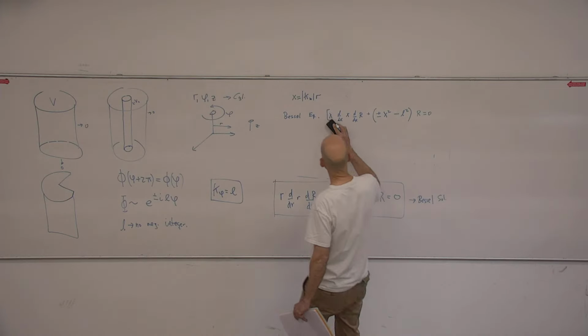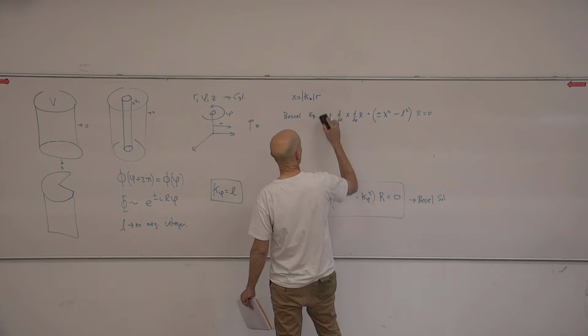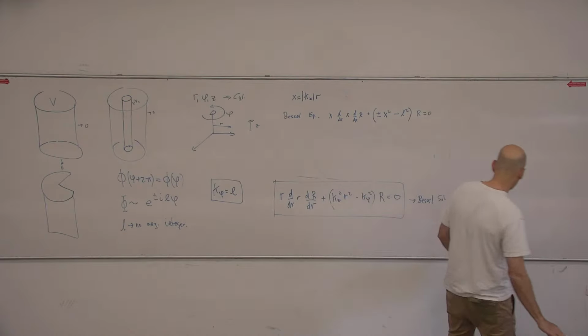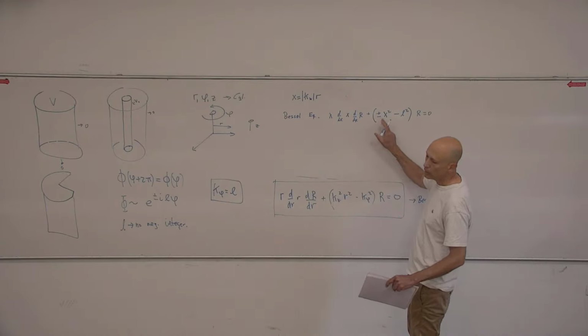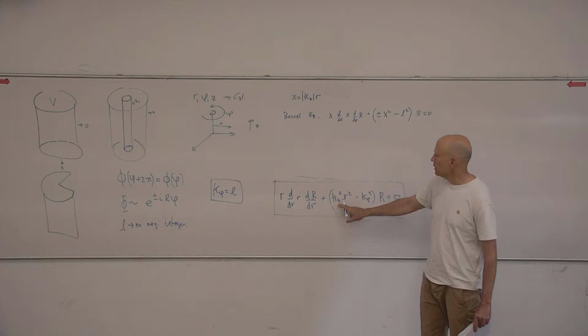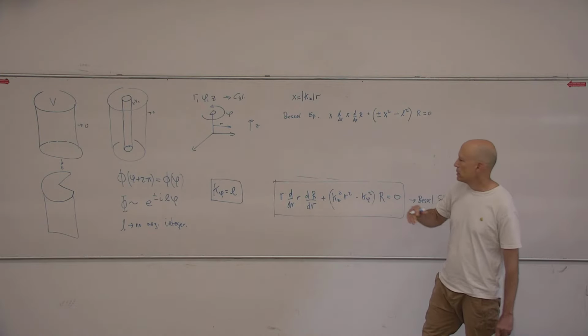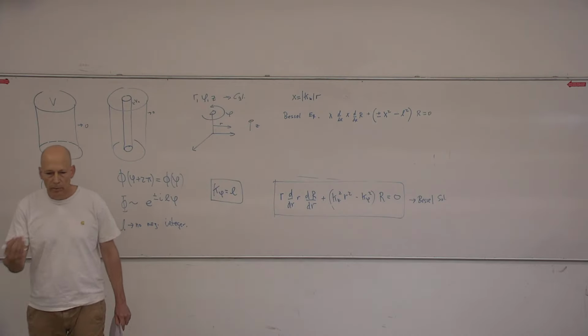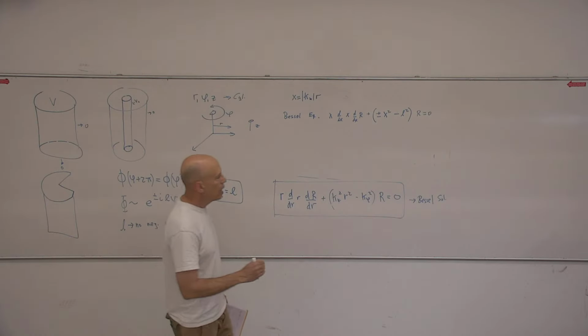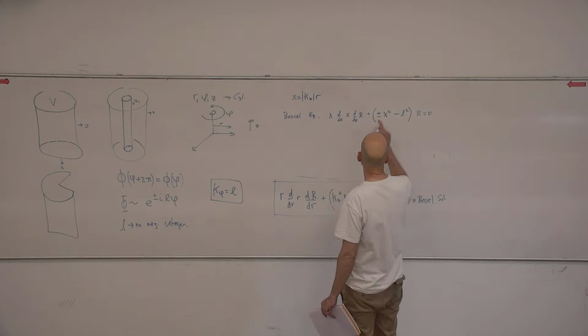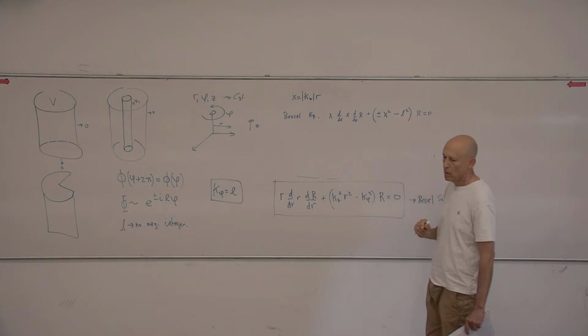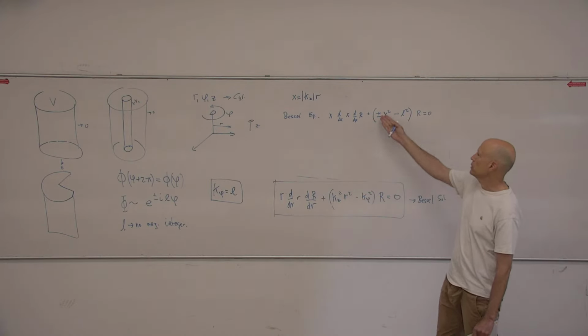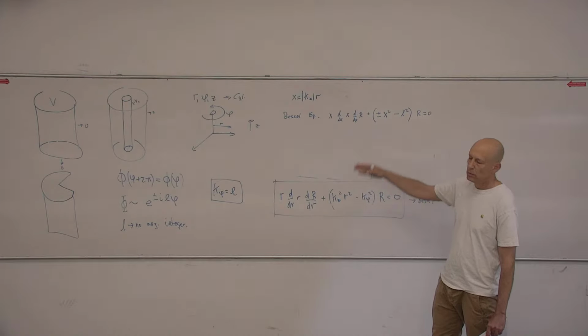And here the new thing is that I introduced this plus or minus, which you didn't see here, because kz squared, as I mentioned before, can be either positive or negative, and this corresponds to either plus or minus. If kz squared is plus, you have a plus.